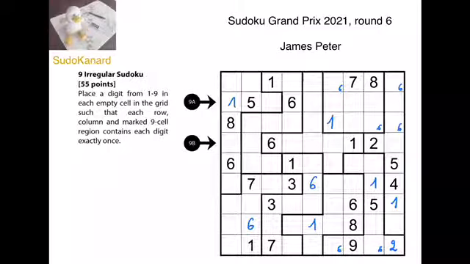What is the next digit? The other digits, 8. 8 has to be in one of those 2 squares regarding this region. And 5 is in none of those cells. It's not here, it has to be in one of those.